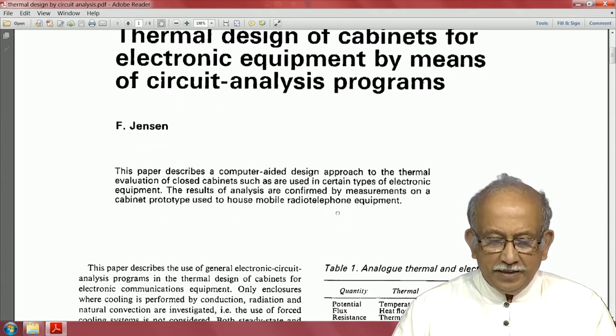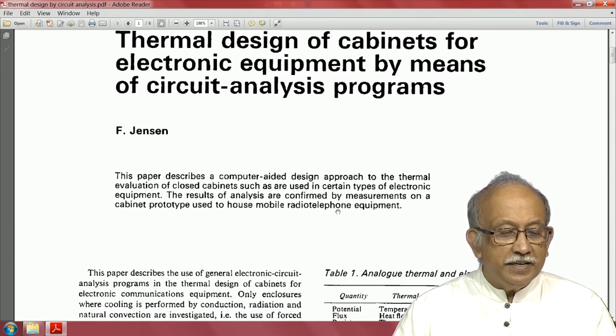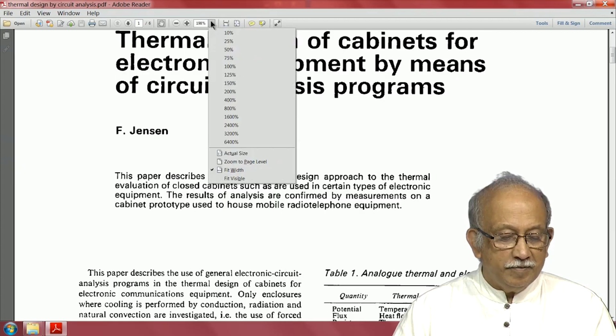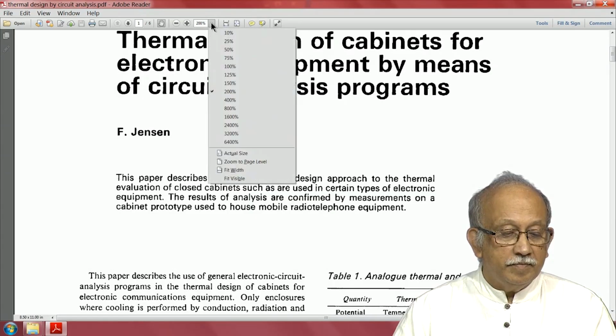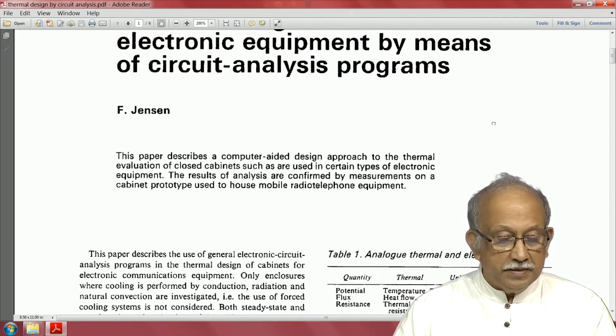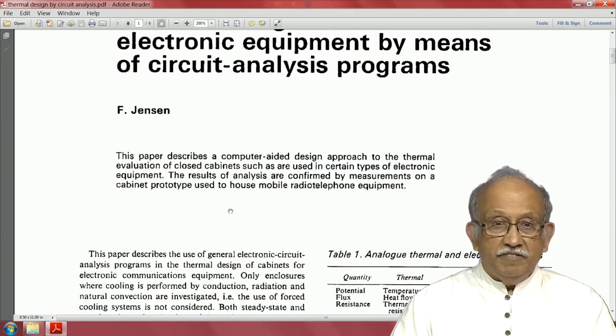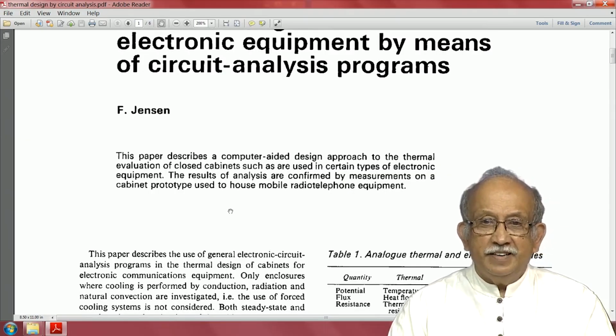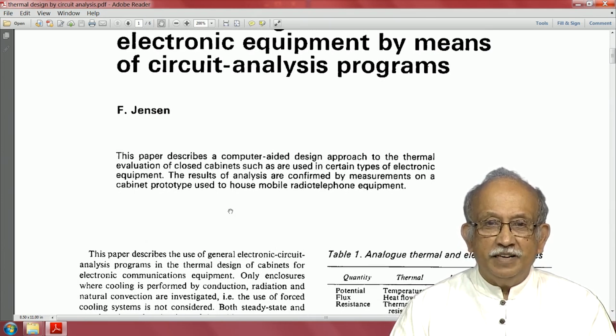Now, coming back, I want you to have a look at this. Very early on, people tried to use CAD for thermal evaluation of closed cabinets, such as are used in types of electronic equipment.